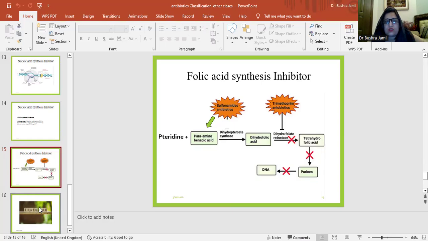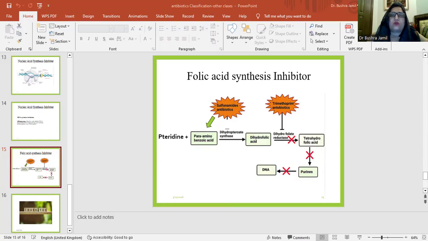We have discussed in detail how they form complexes with the bacteria and cause the bacteria to stop its replication or growth. Few of the agents are bactericidal and many are bacteriostatic as well.